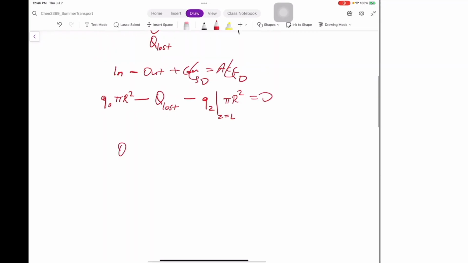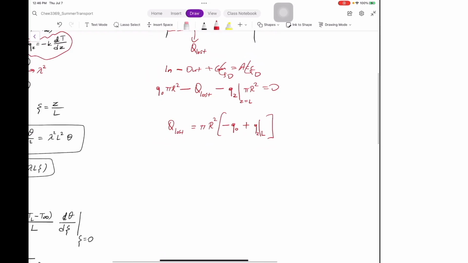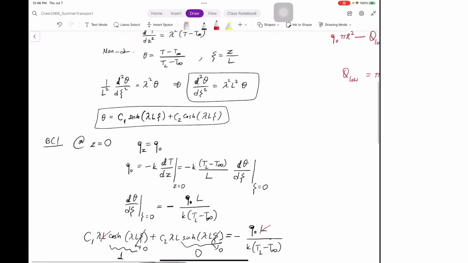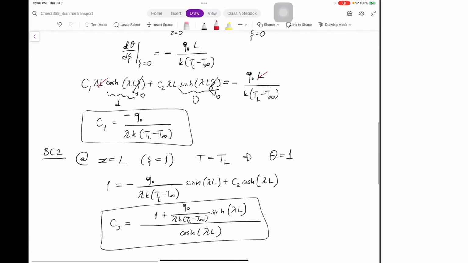So from here you find Q lost equals pi r squared times minus Q0 plus QZ at Z equal to L. You can calculate the QZ at L pretty easily by taking the derivative of this thing, right?